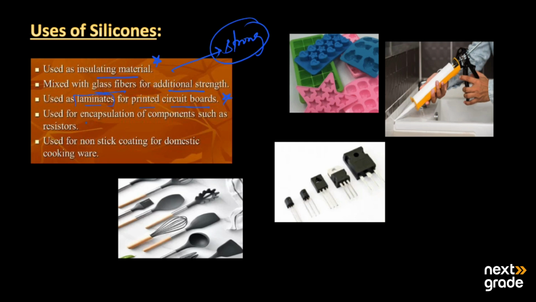Then it is used for the encapsulation of components such as resistors. It is used for encapsulation because it is an insulator. Last one, it is used for making non-stick coatings for domestic cookwares or utensils. On the other hand, we also have different shapes of silicones used in our houses for freezing or for different purposes.